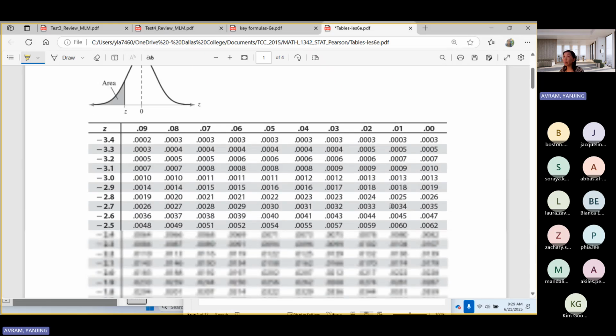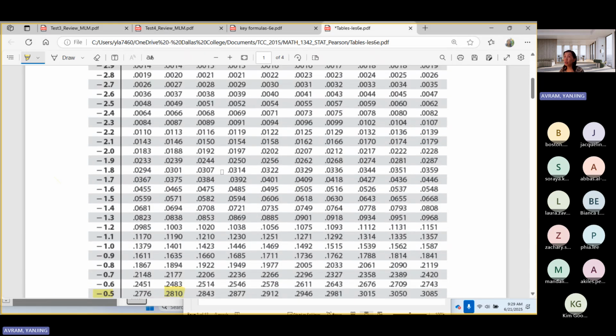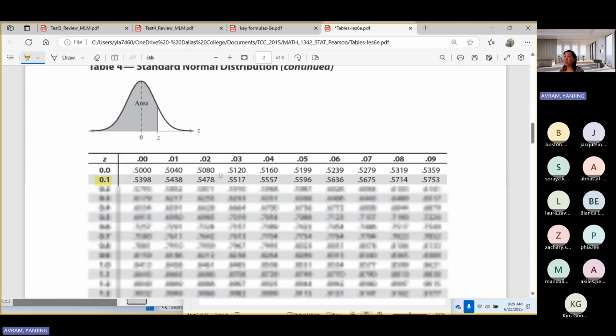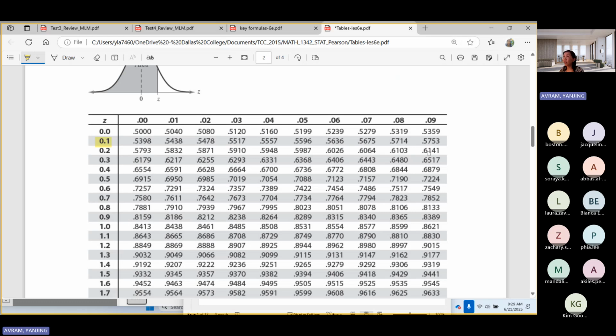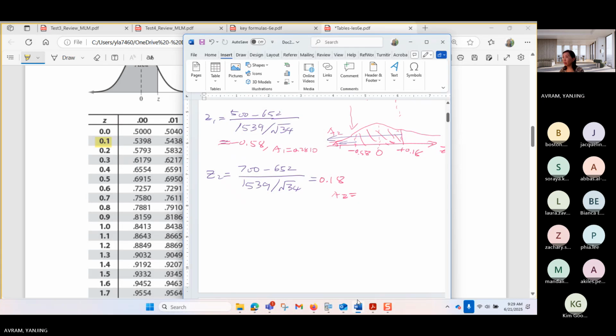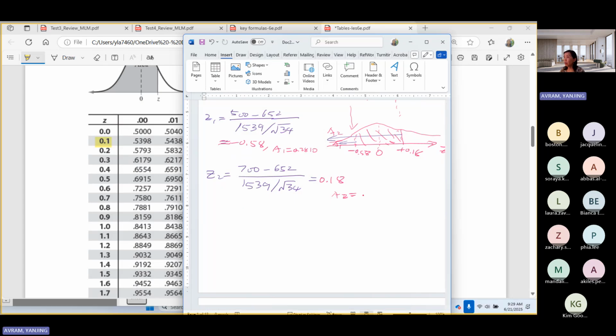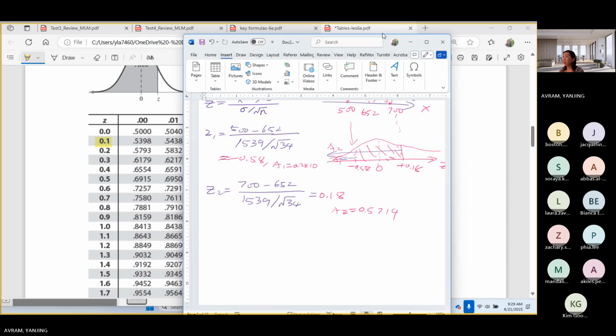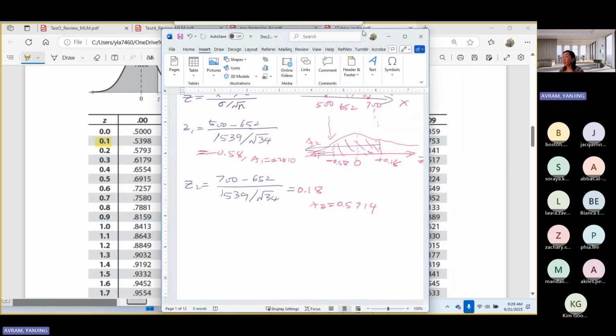So it's a little bit different order. So just make sure you always read the side and the top. All right, very carefully. Don't assume anything. Okay. So that's 0.5714. Let's make sure. Okay. All right.